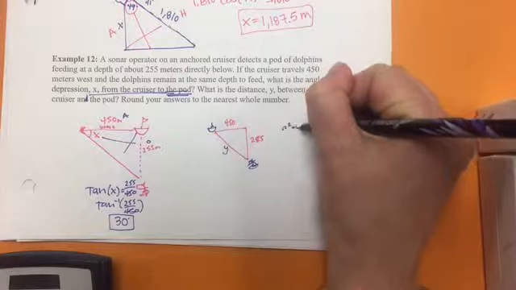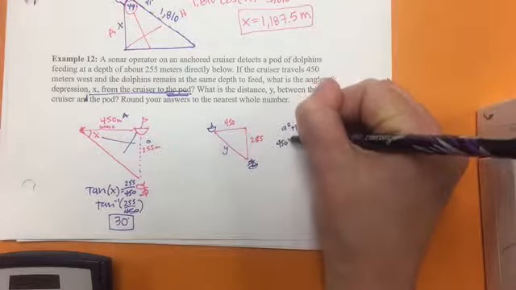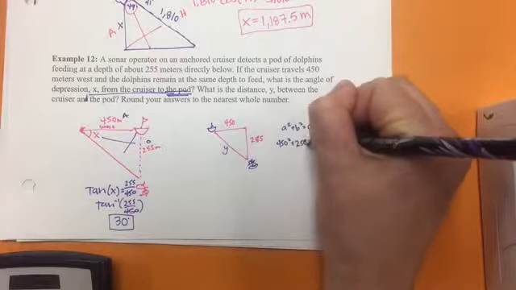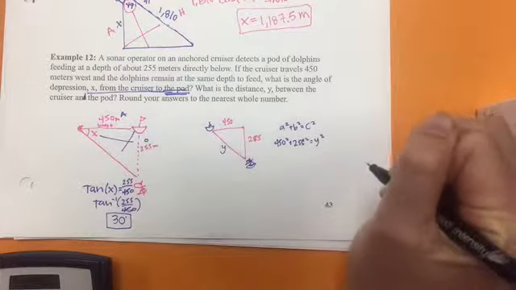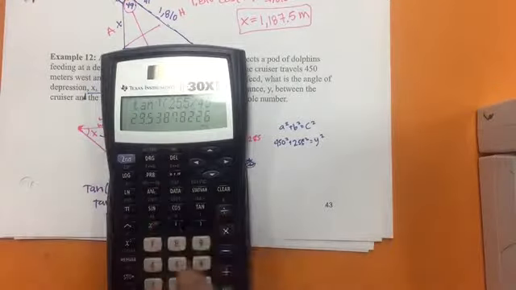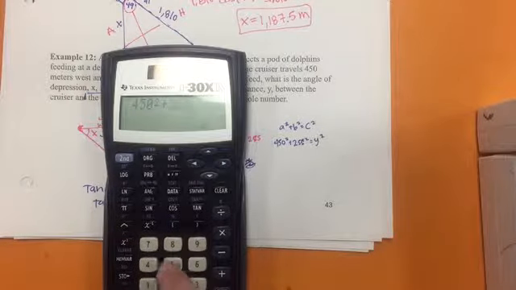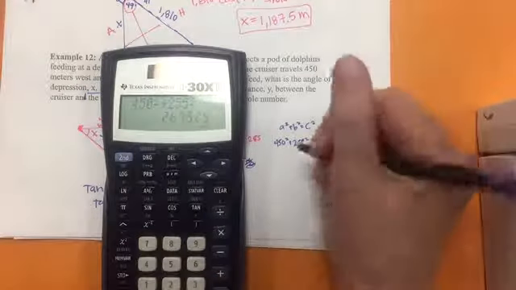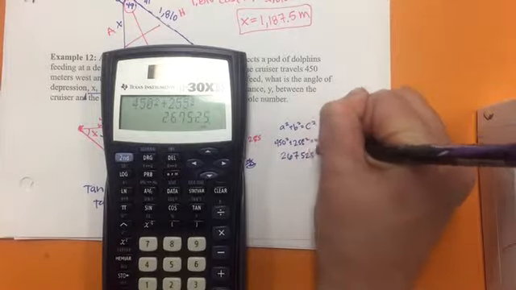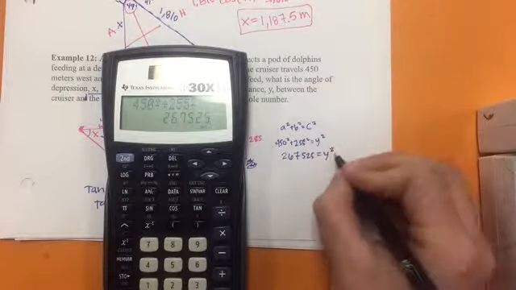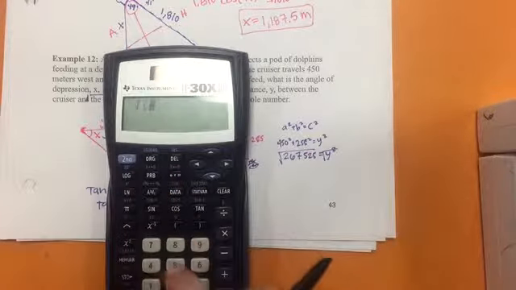A squared plus B squared equals C squared. 450 squared plus 255 squared equals the hypotenuse squared. 450 squared plus 255 squared equals a really big number. And to get rid of that power, I square root it.